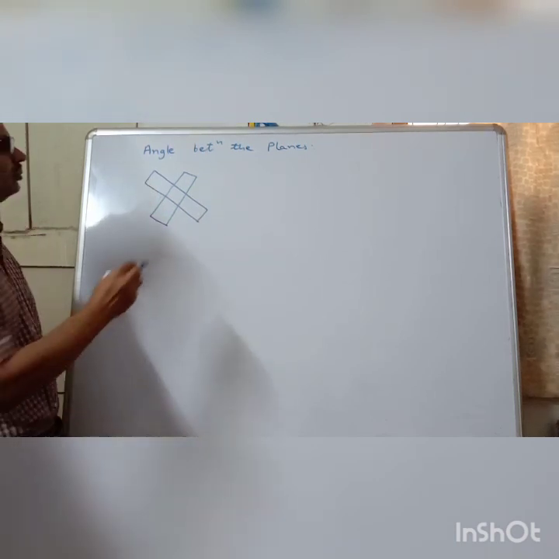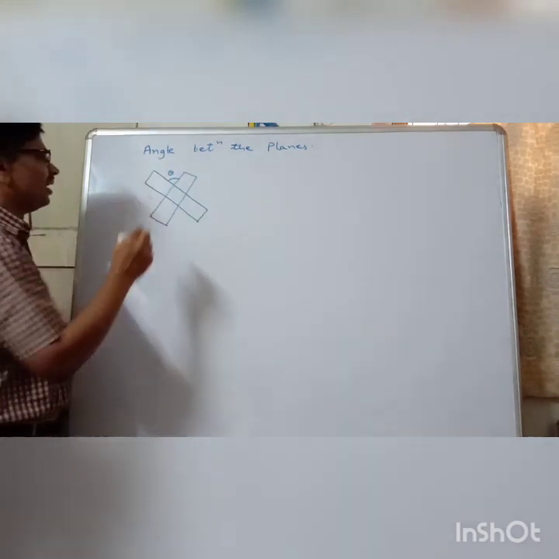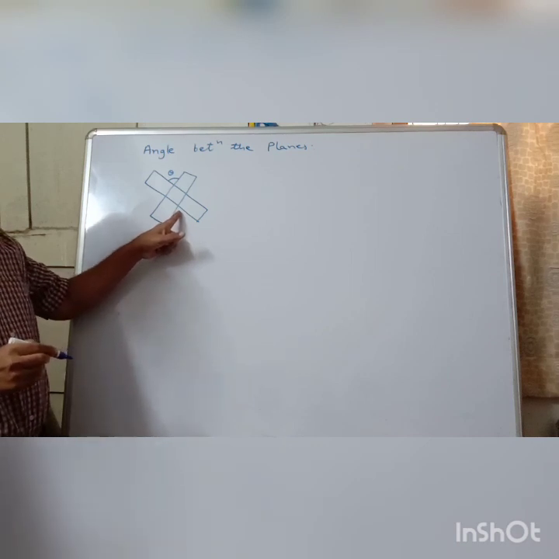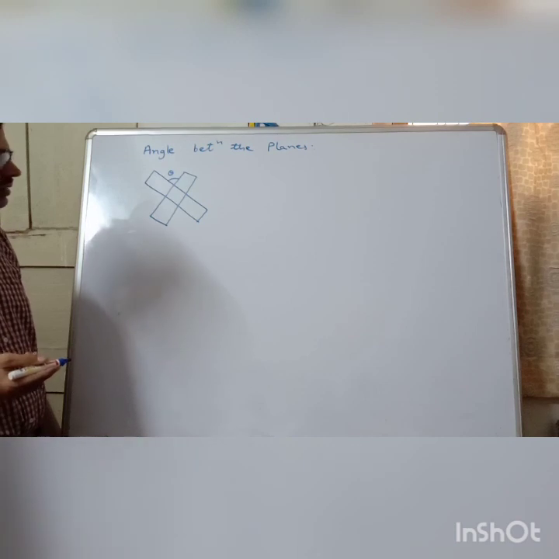Angle between them. If this angle is theta, then this angle is also theta, because they are vertically opposite angles.